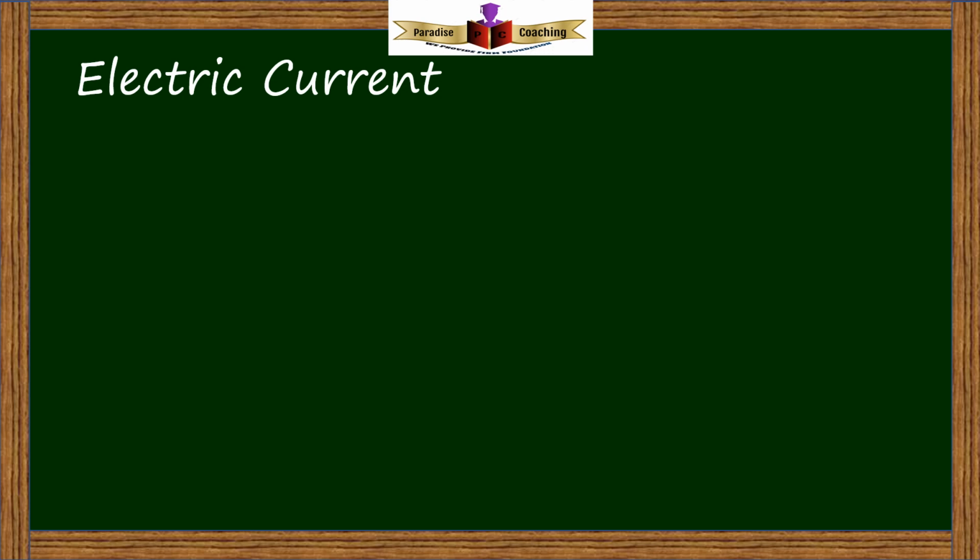You can give a thought and try to recall what I mean by this word electric current. Electric current is simply the flow of charge, or you can say whenever electron moves from one place to another, we say the current is flowing.